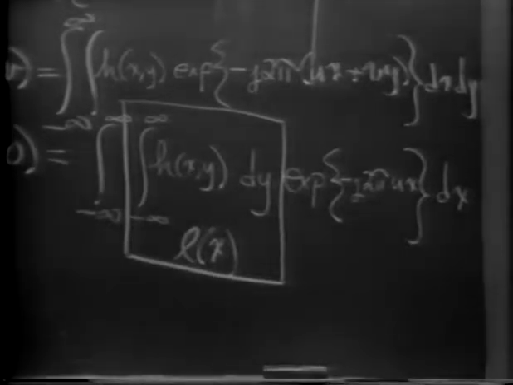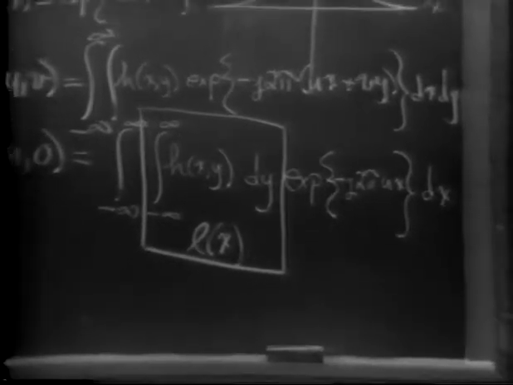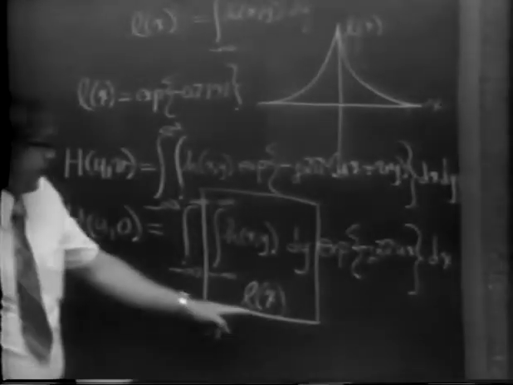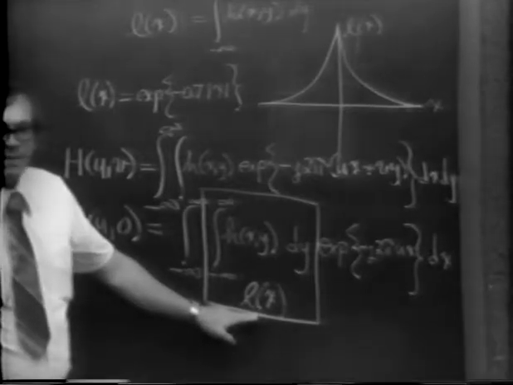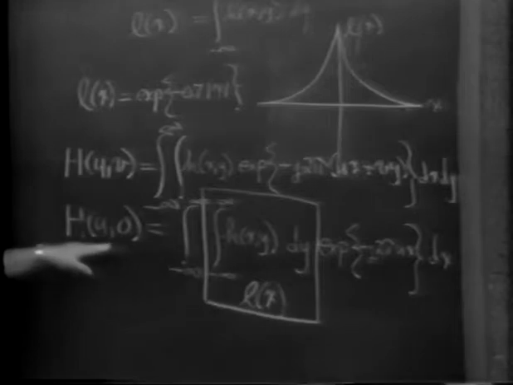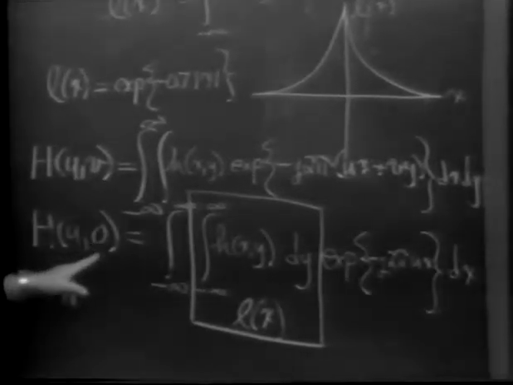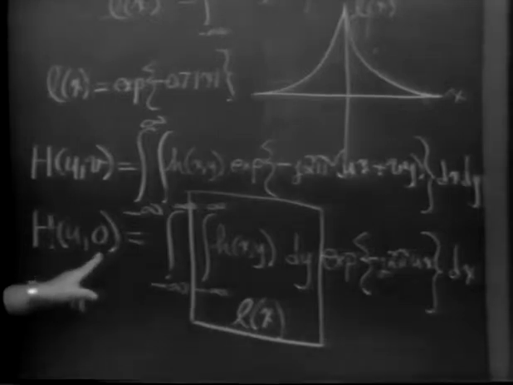So now, could I say this in any kind of words? I've got the line spread function, its one-dimensional Fourier transform equal to the two-dimensional Fourier transform along the v equals 0 axis.